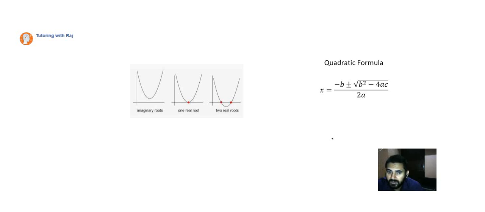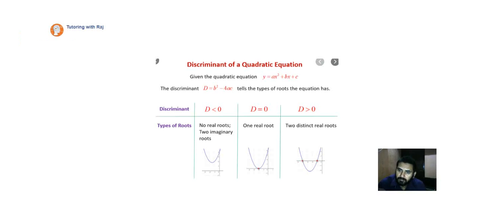Apart from that, we also decide, without solving the equation, whether an equation has more than one solution or no solution at all. And we also check by using graphs.